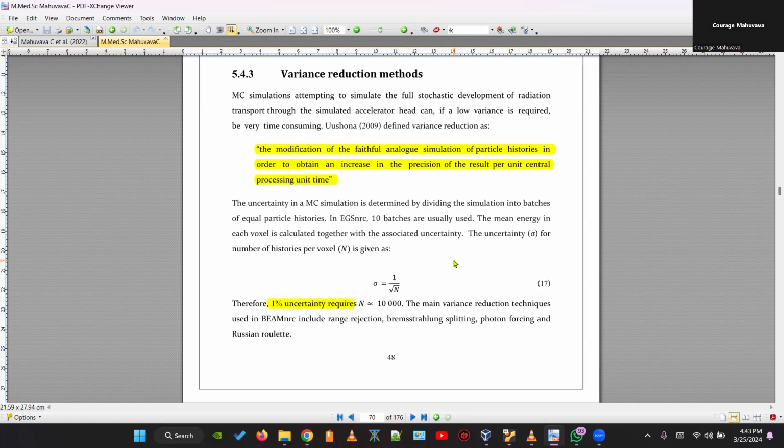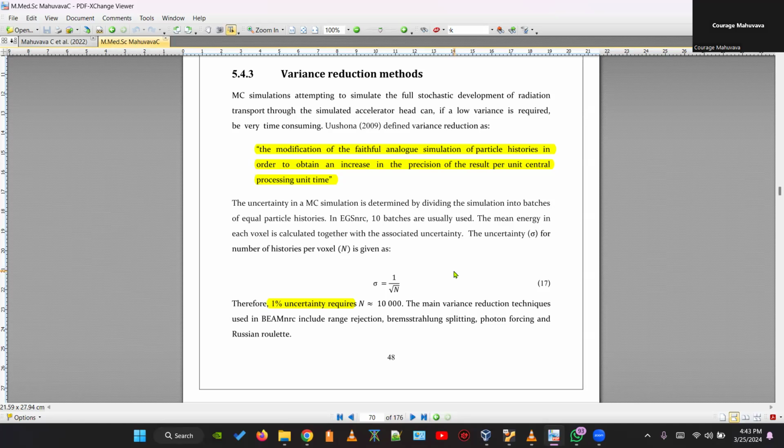So you can run your simulation using fewer histories, and then you can sort of work out how many particles you need to achieve this. If you increase your histories, there is a file that is produced when your simulation is done, which gives you these uncertainties, right?